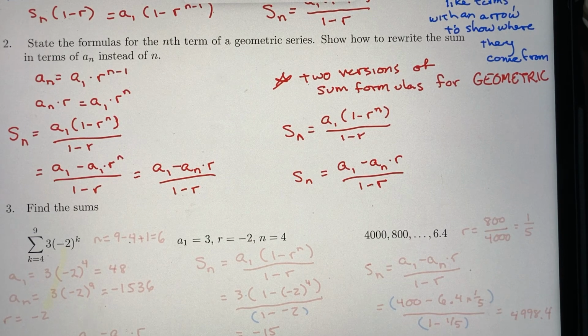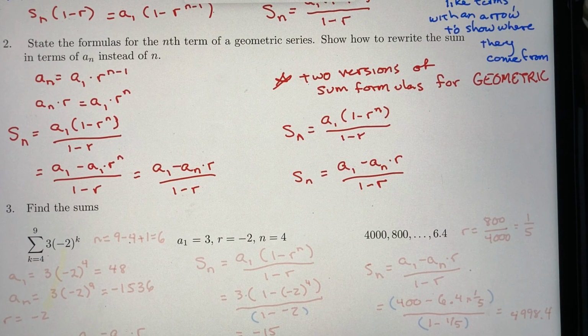The second version is useful if you have the last number. The first version is useful, let's see, if you don't have the last number and you don't want to bother. You do need to know how many terms there are.